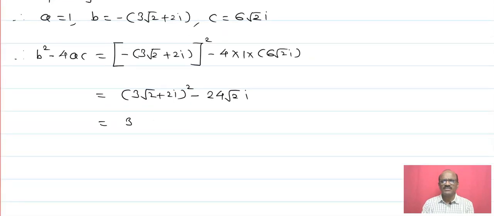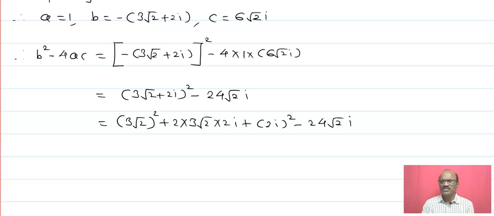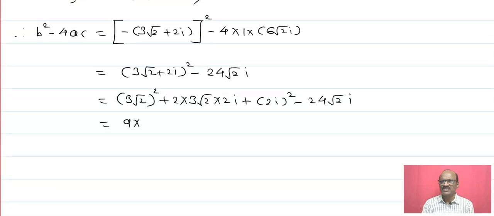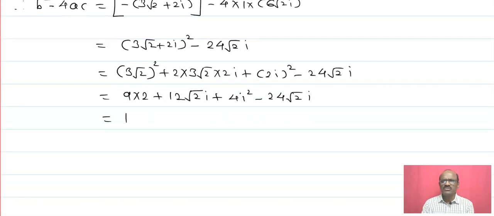Now, simplify this. (3 root 2 plus 2i) square: first term square, plus 2 into first term into second term, that is 3 root 2 into 2i, plus (2i) square, minus 24 root 2 i. Now, (3 root 2) square means what? 3 square is 9 and root 2 square is 2, and therefore 2 into 3, that is 6, into 2, that is 12 root 2 i.